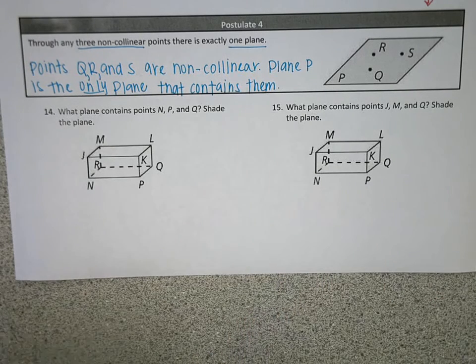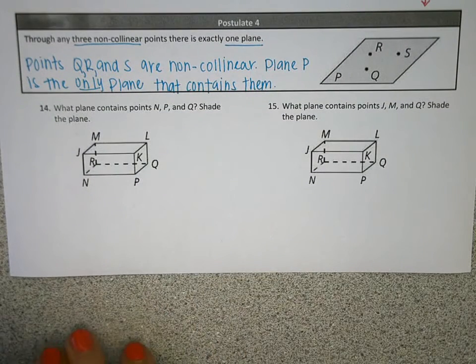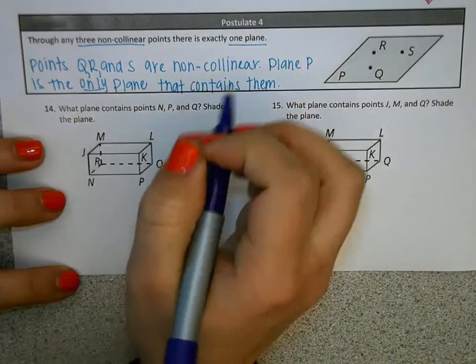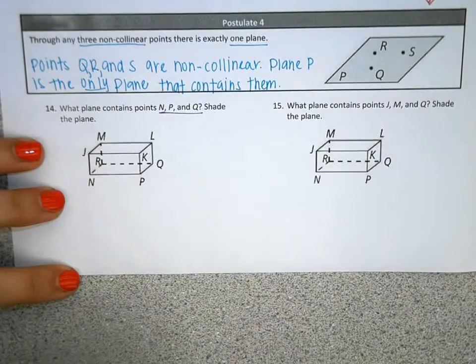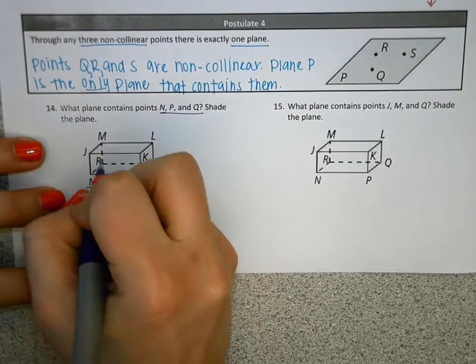So the very last thing we're going to do is identify planes that correspond with the points that I give you. So on number 14, what plane contains points N, P, and Q? So I have point N here, point P is here, and point Q is here.